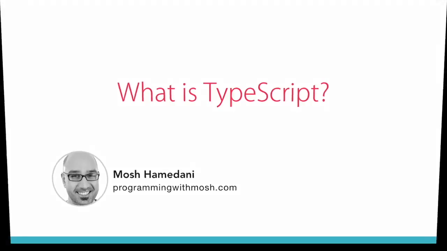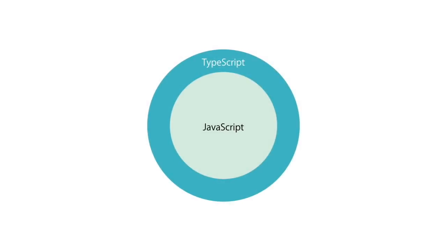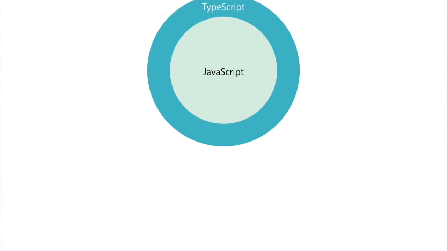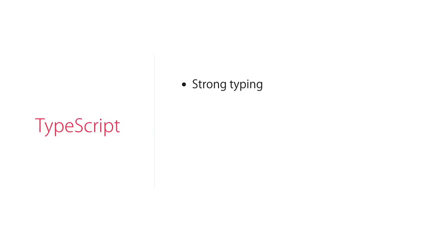So what is TypeScript? TypeScript is not an entirely new language. It's a superset of JavaScript. So that means any valid JavaScript code is also valid TypeScript code. But TypeScript has additional features that do not exist in the current version of JavaScript supported by most browsers out there. For example, in TypeScript, we have this concept of strong or static typing.